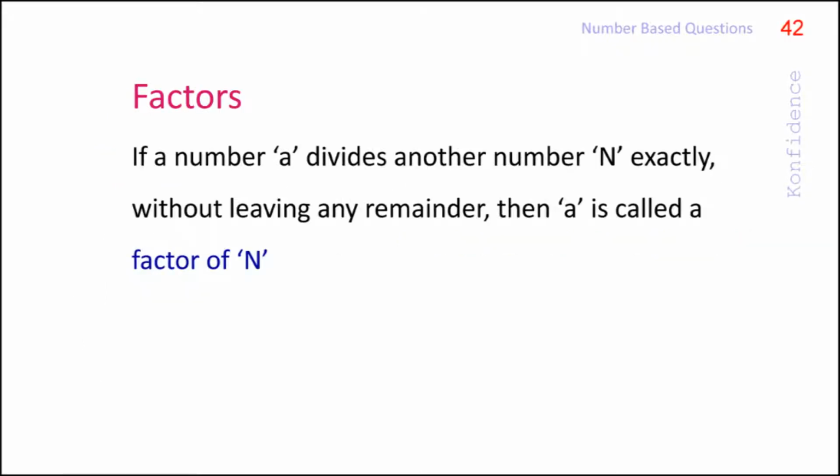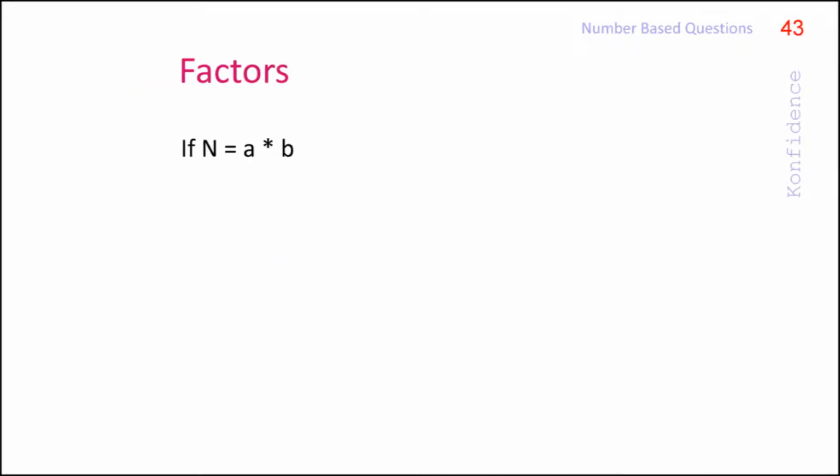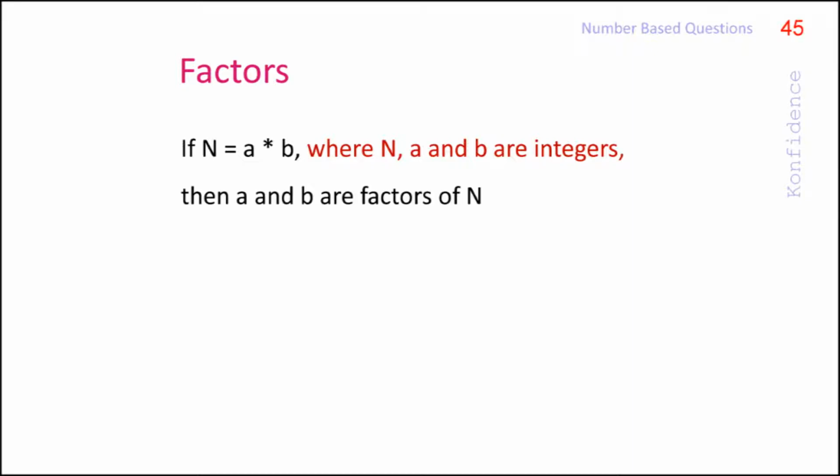If a number a divides another number n exactly without leaving any remainder, then a is called a factor of n. If we write n equals a into b, where n, a and b are numbers, that is, if we can write a number n as a product of two numbers a and b, then a and b are called factors of n.